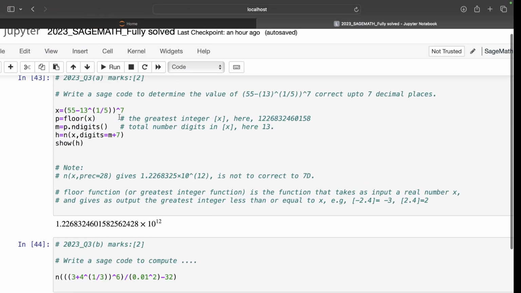So x equal to 55 minus 13 to the power 1 by 5 whole to the power 7. First we find p. p equal to floor x. This is the greatest integer function.